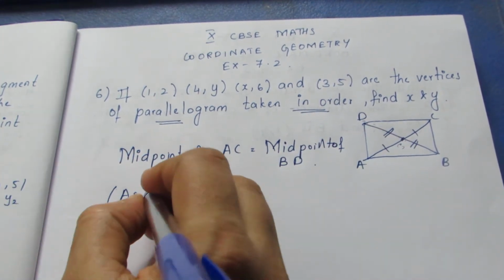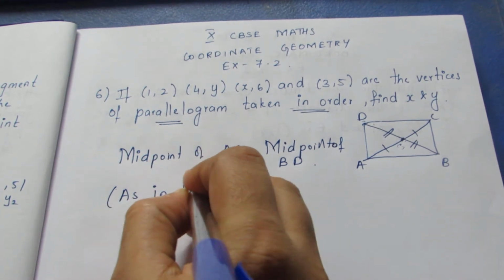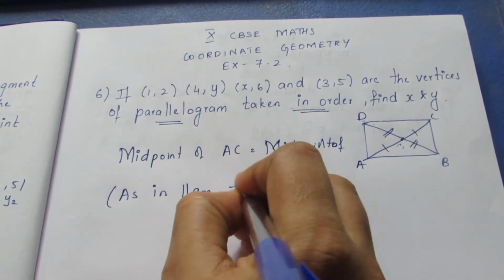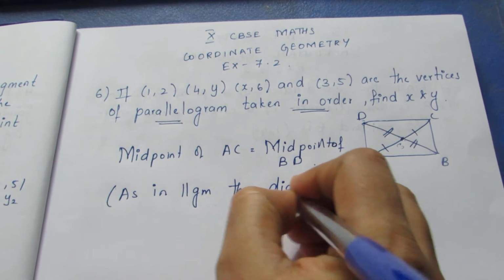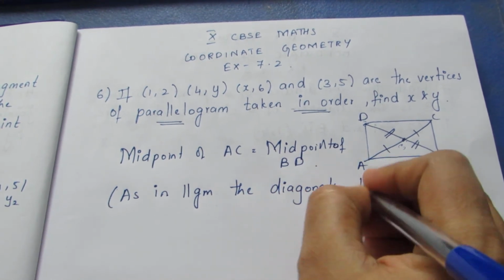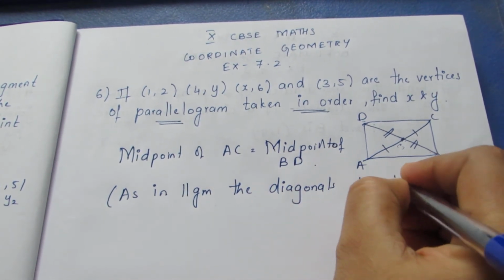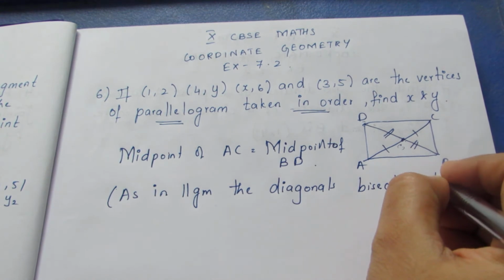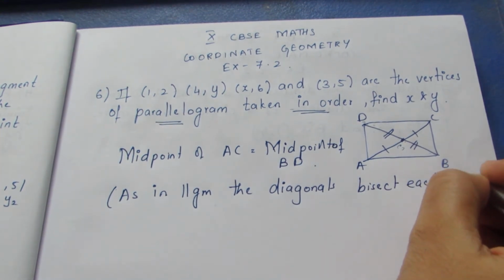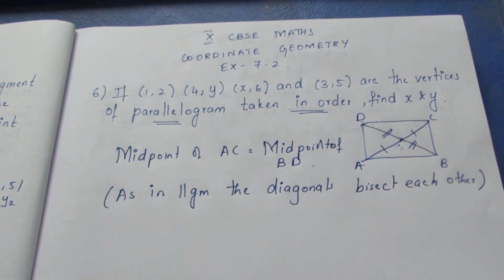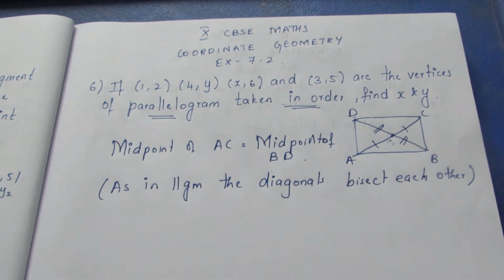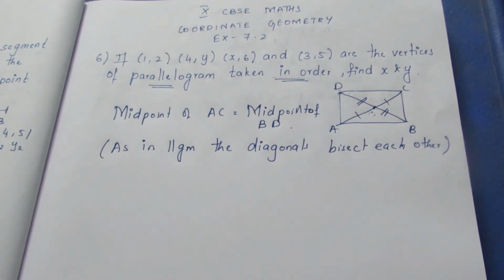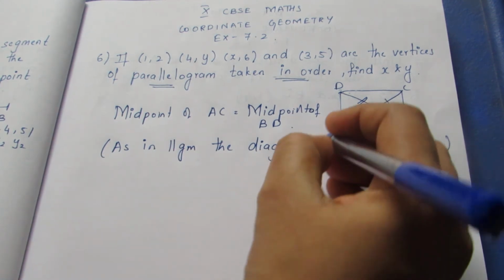In brackets write: in a parallelogram the diagonals bisect each other. If we substitute, we can easily find it out. This is an easy method to go with the sum.